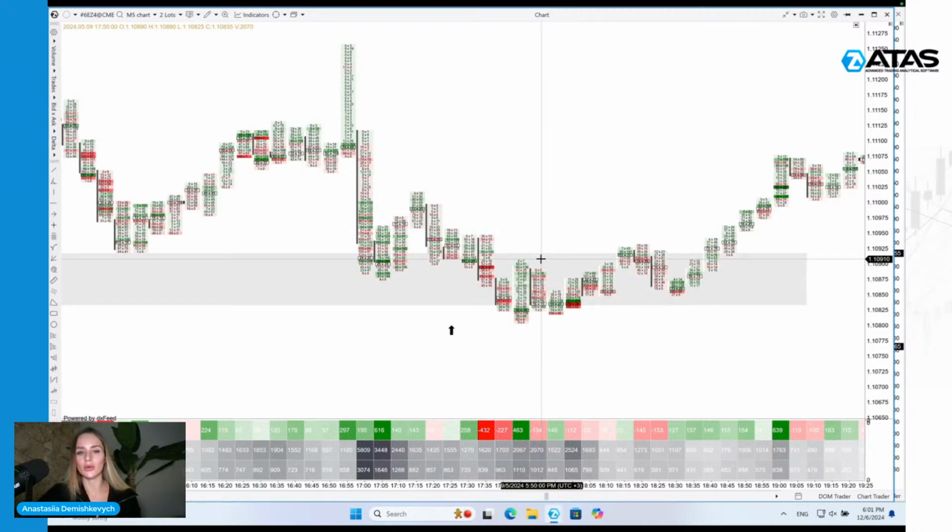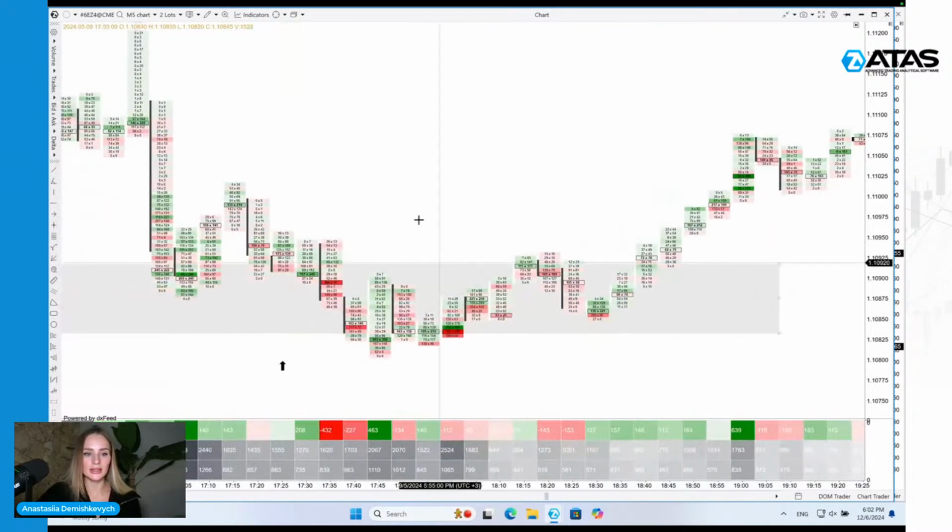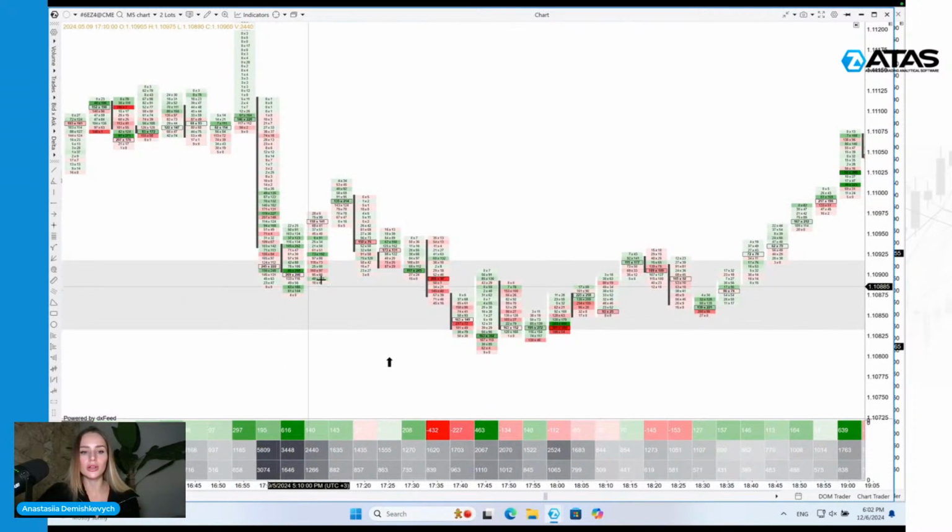And this is exactly what I want. I want to see the decrease in the amount of volume, the decrease in the amount of trades. And I want to start seeing bright positive deltas happening in the market. And what I see is that already when the price reached this zone, the deltas were positive.